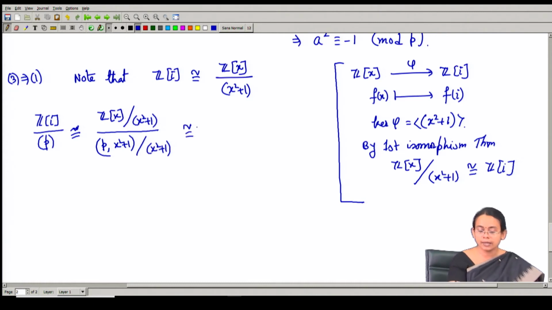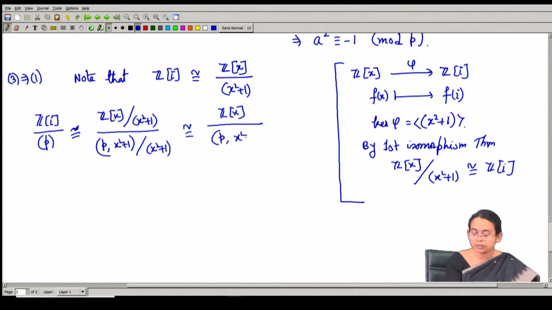So, this is again isomorphic with nothing but Z[x] quotient (p, x square plus 1), which is again isomorphic with Z[x] quotient p and then (p, x square plus 1) quotient p.